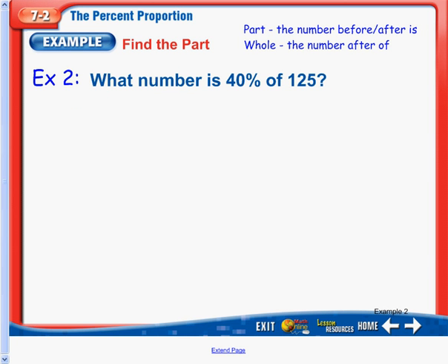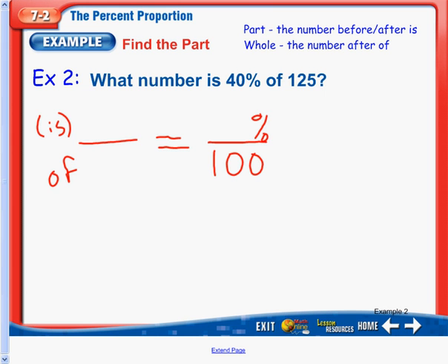Next example is: what number is 40% of 125? Again, even before worrying about anything in the problem, we're going to do our setup here. Percent's on top right, "of" on the bottom left, and "is" in parentheses lets us know that it is typically after we do "of."